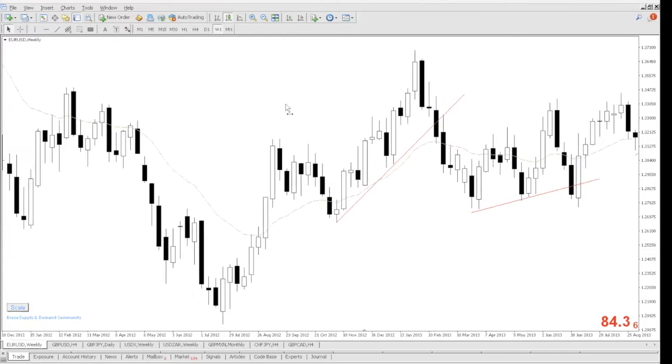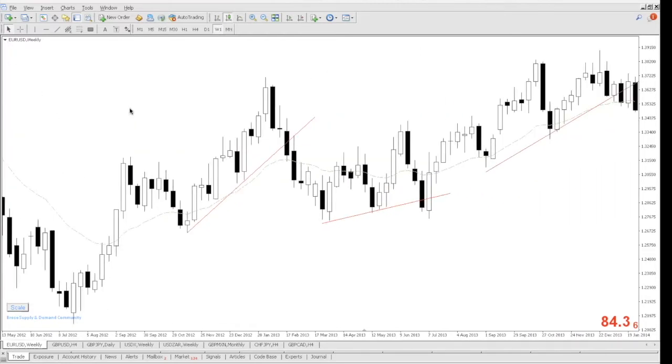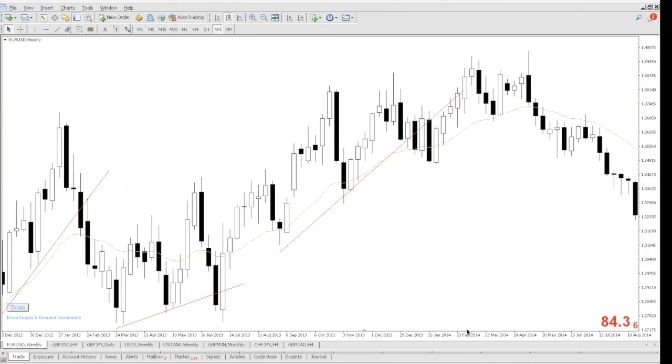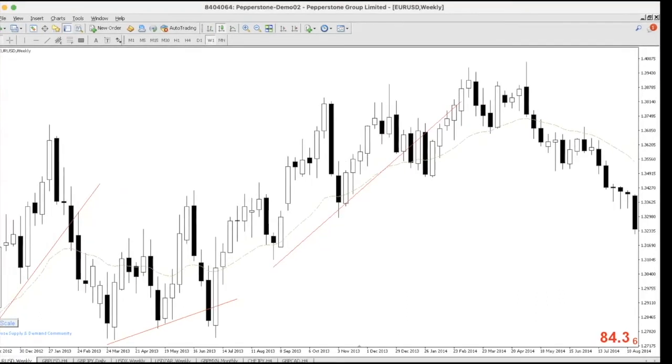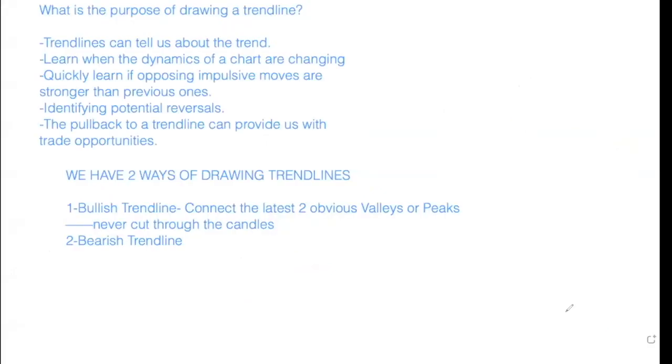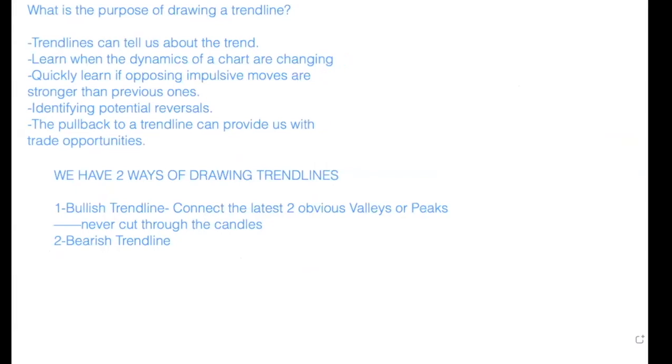Okay, that is how you draw a bullish trend line. You draw a bullish trend line like this. Like this.